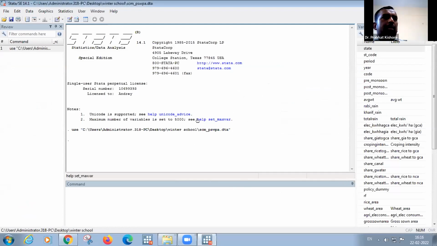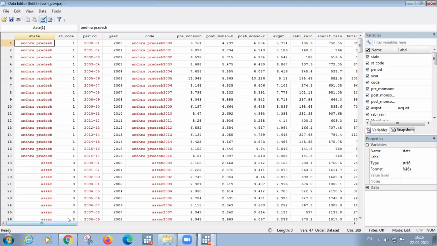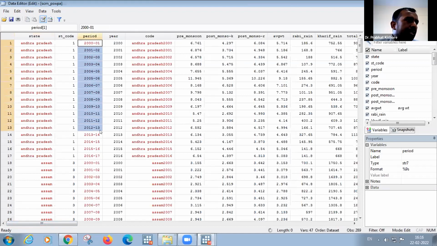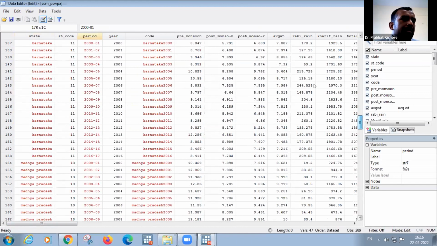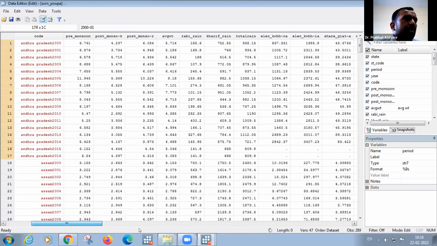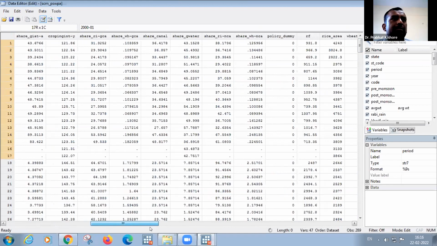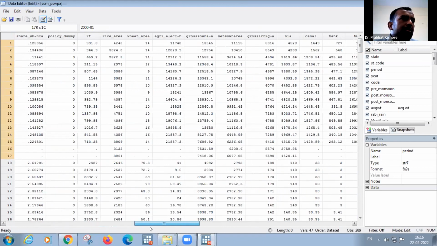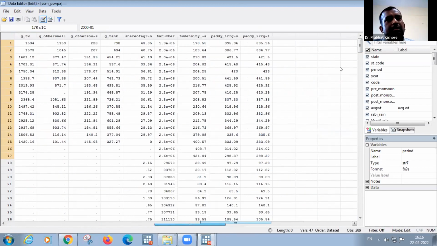So here we have just created the panel. Some of you might have worked on panel data. Here we have created the panel from 2000 up to 2016-17, for each state. We have also created variables related to irrigation, ground infrastructure, rice area, and sources of irrigation.